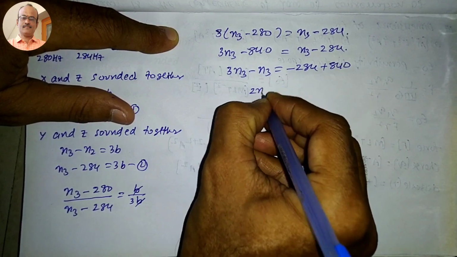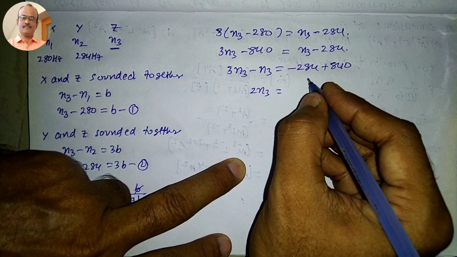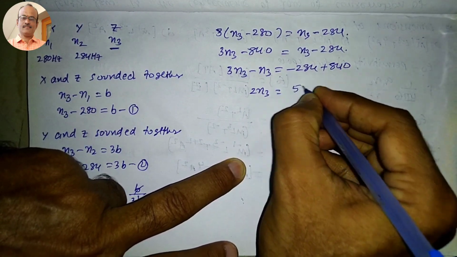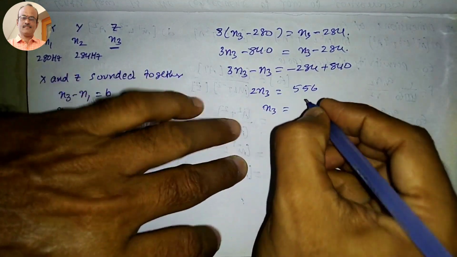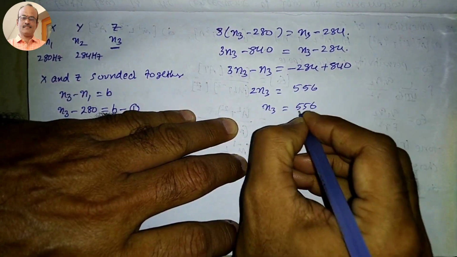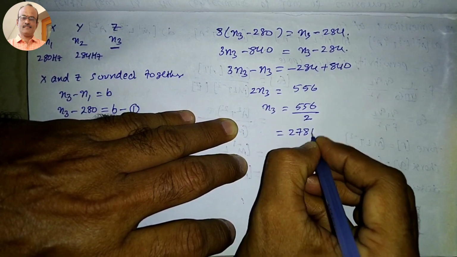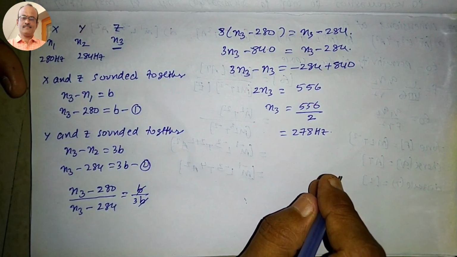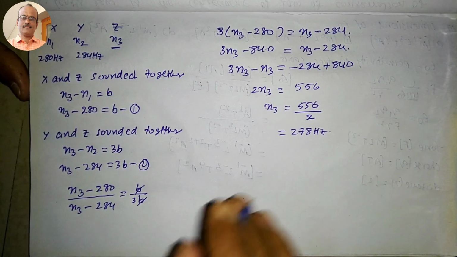That means 2N3 is equal to, subtraction of these two, 556. So N3 is equal to 556 divided by 2, which is 278 Hz. So here the frequency N3 is equal to 278 Hz. So here it is the answer.